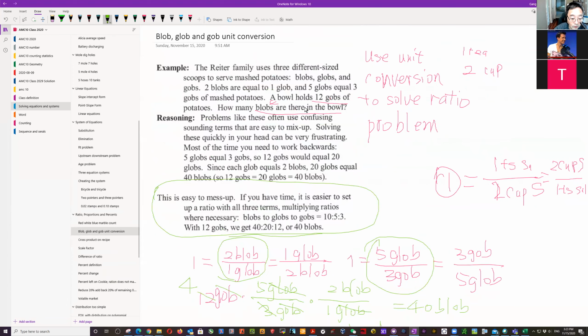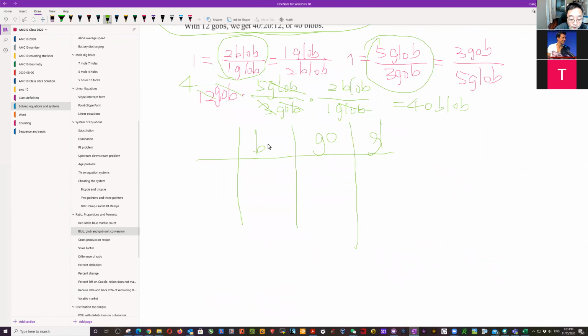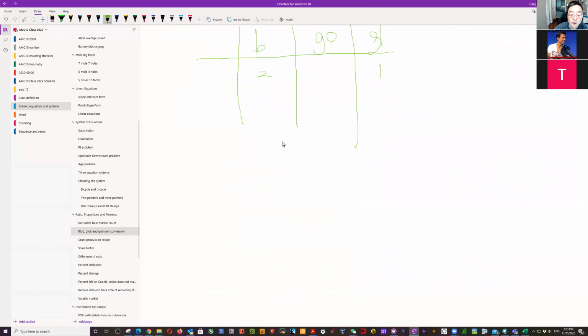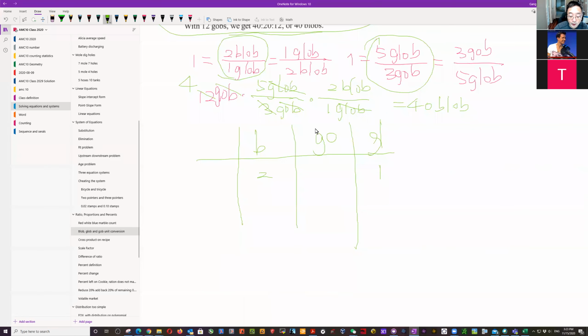So two blob equal to one glob. 2 and 1. So this is the relationship between them. And then I have 5 glob and 3 gob. And then I have 5 and 3.